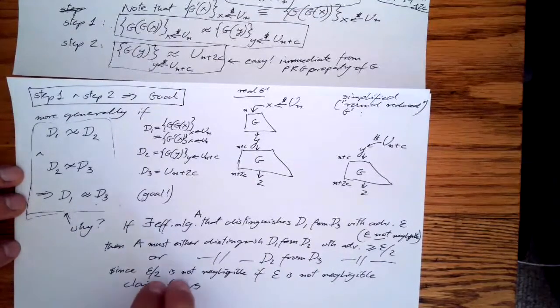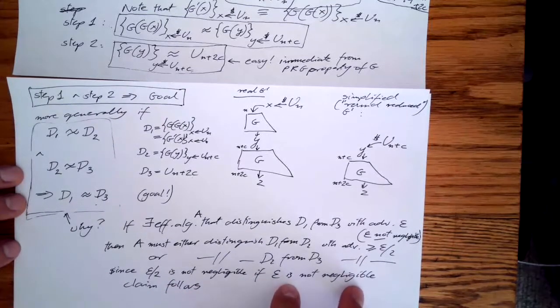Now, if there's some function that does not vanish fast, it's upper bounded by 1 over some polynomial. Then dividing it by 2, it's still upper bounded by some polynomial. What polynomial? Well, the original one divided by 2, and that's still a polynomial. Or multiplied by 2.